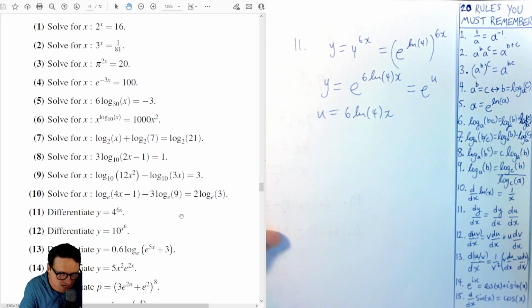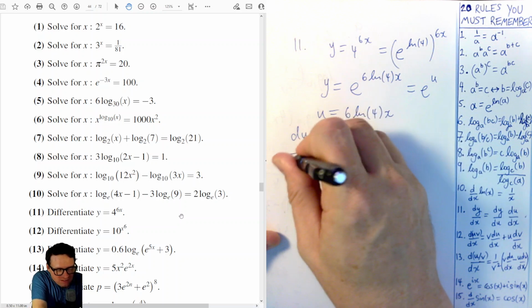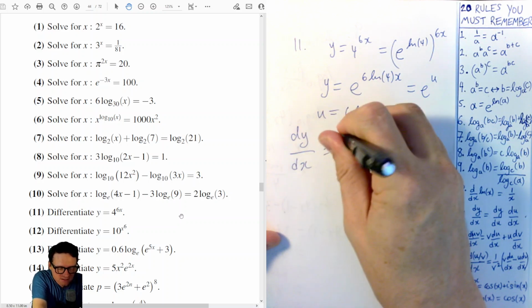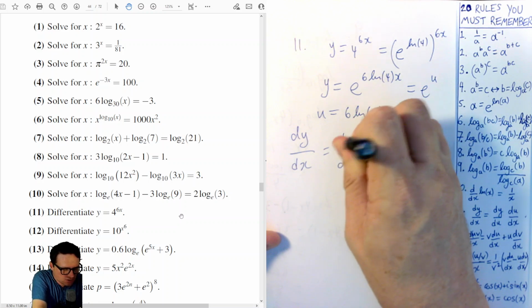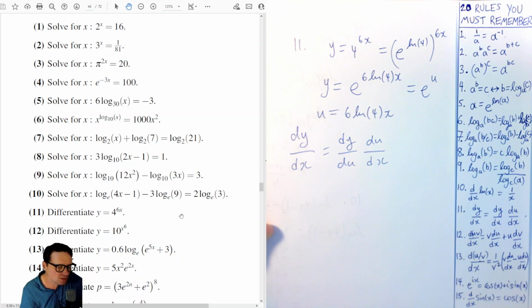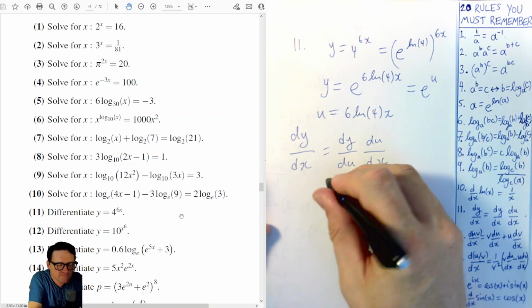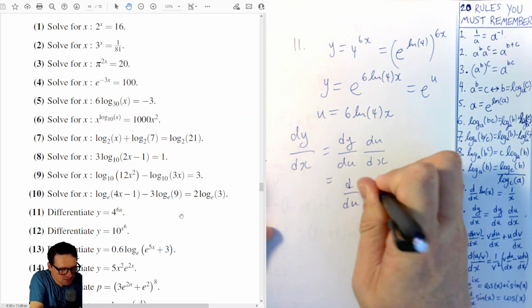Okay, now using the chain rule, rule number 11, dy on dx is dy on du times du on dx. Now y is e to the u, so I'll express the left multiplicand as d e to the u on du, or d on du of e to the u.